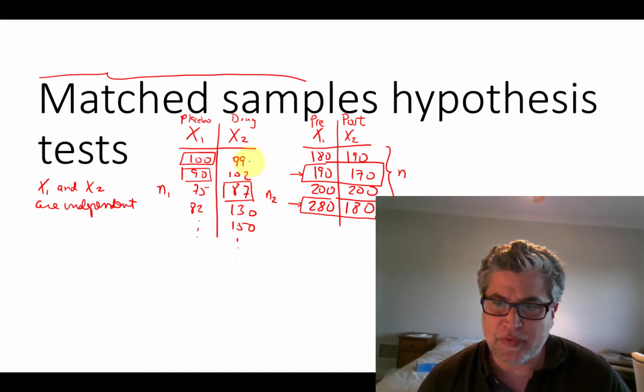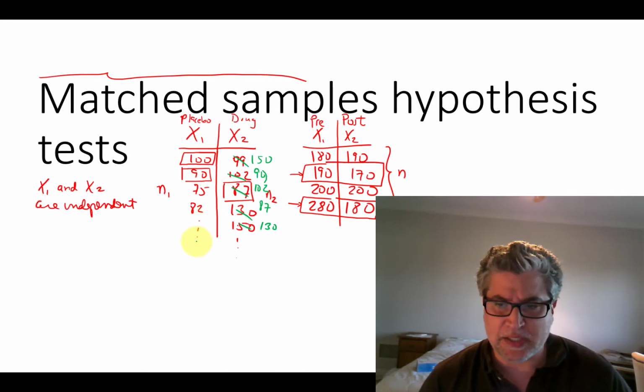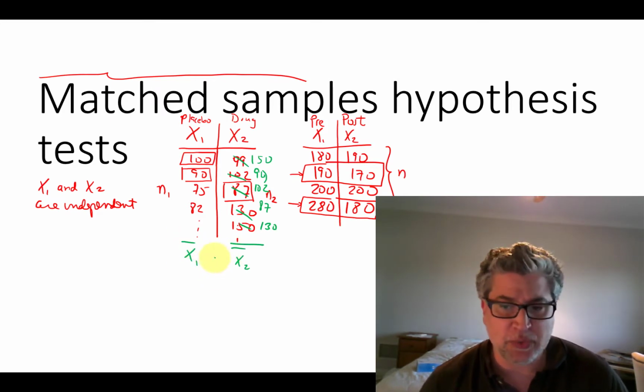So we could have moved 99 down and 102 down and the 87 down and the 130 down, and then put this 150 up here. And we'd still get the same thing because, well, the average of x2 hasn't changed, and certainly the average of x1 didn't change, and we were just comparing these two things.